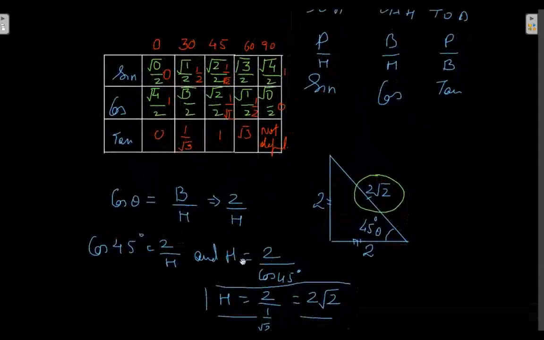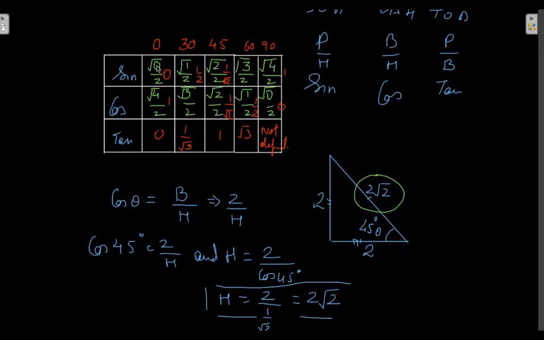So again, coming back to this figure, this is a very important table. These are the angles we're going to use very often in trigonometry, especially in the lower classes. So again, let me describe it for you.